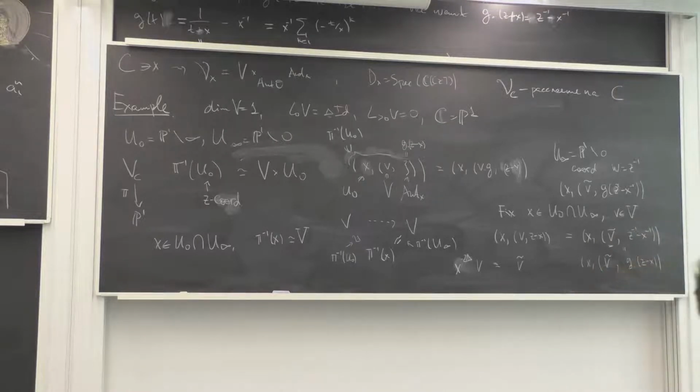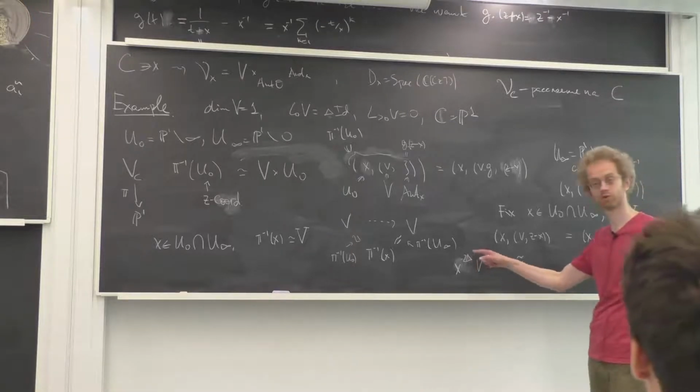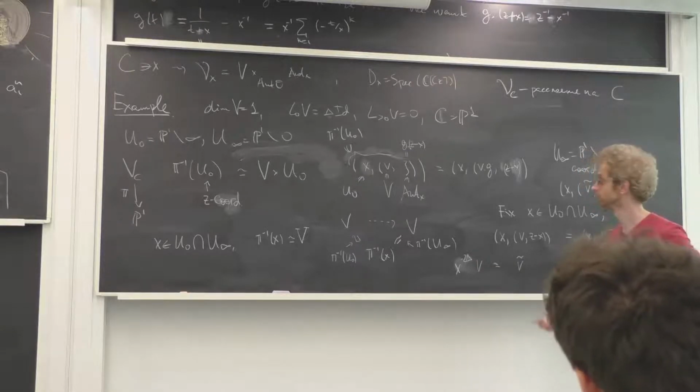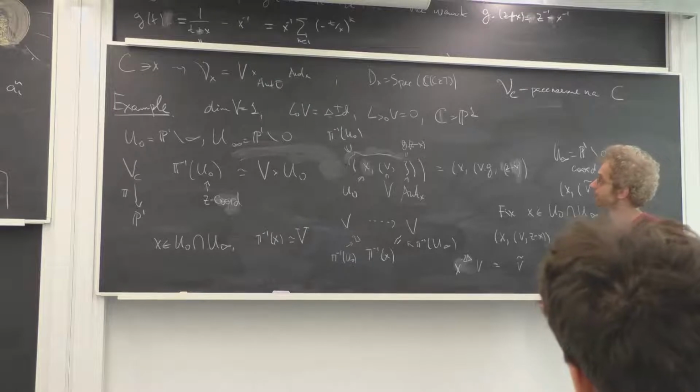So what is this line bundle? If delta is half-integer, then it is the standard O. Let delta be integer. So if delta is integer, then this is O of 2 delta, yeah? Okay.